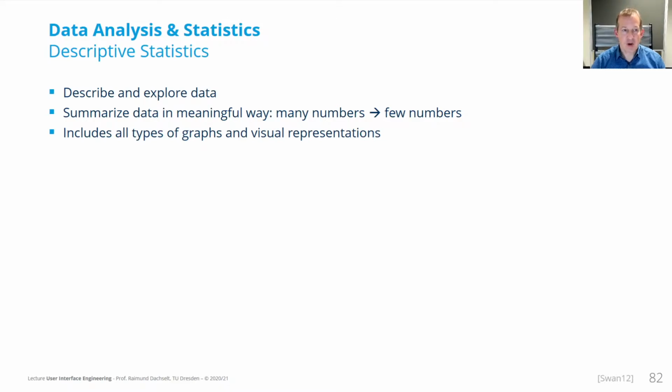So imagine you have lots of data logs you have recorded, lots of task completion times or error rates or anything else from users, questionnaire data from perhaps dozens or hundreds of users, and you would like to reduce it to a few meaningful numbers, some data which you can report and talk about and which you can interpret.